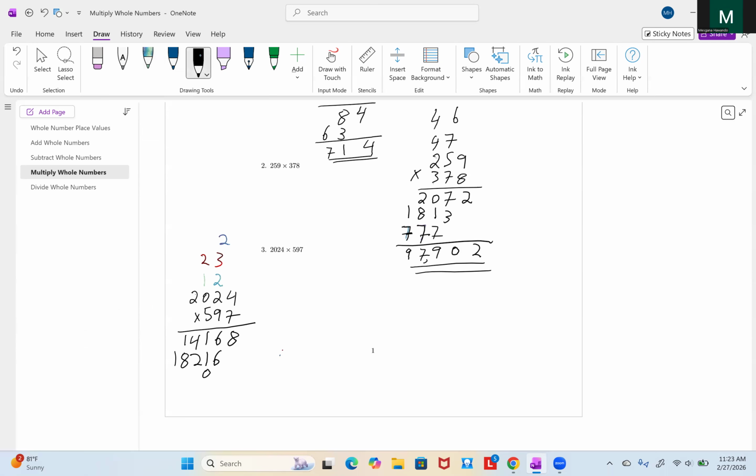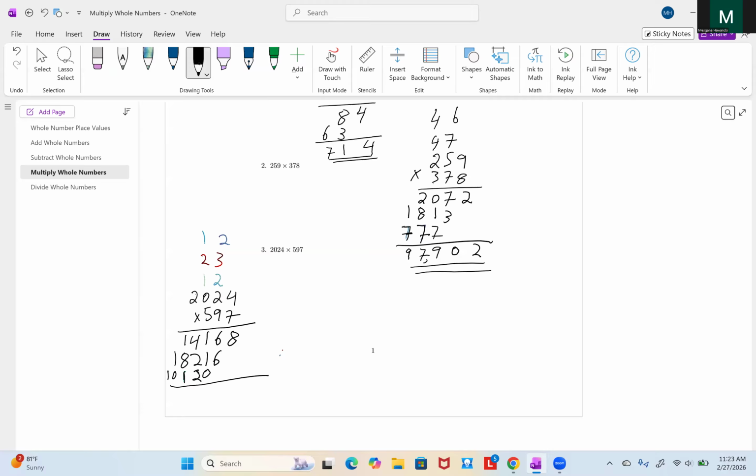We put down the 2 and carry over the 1. 5 times 0 is 0. 0 plus 1 is 1. 5 times 2 is 10. So we just put the 10 here.